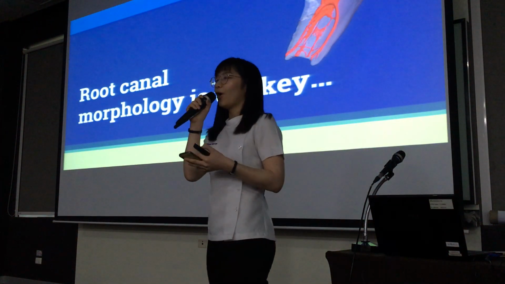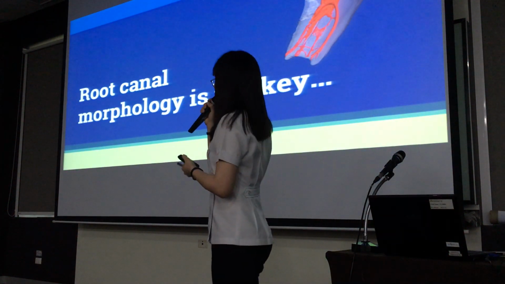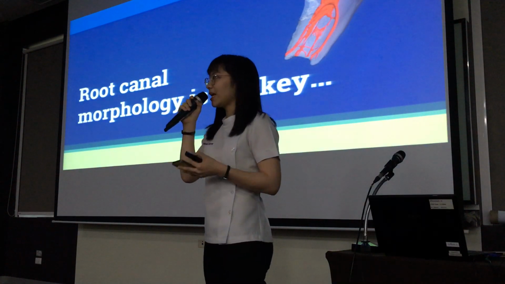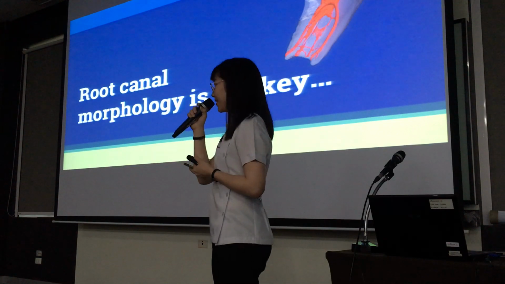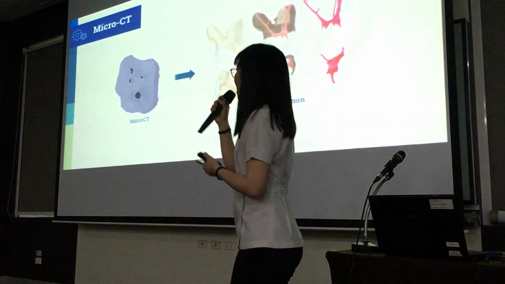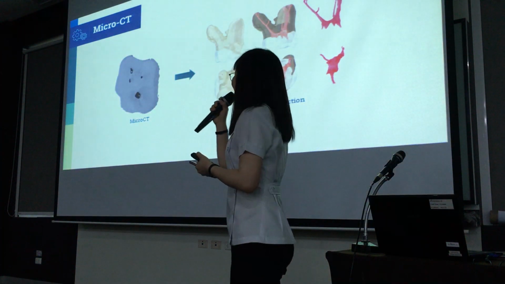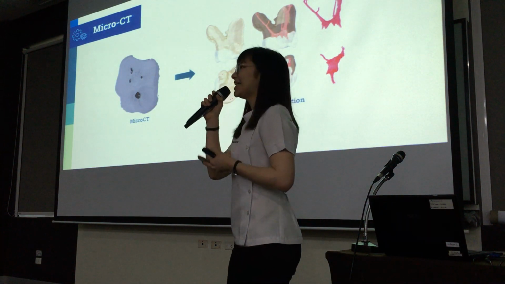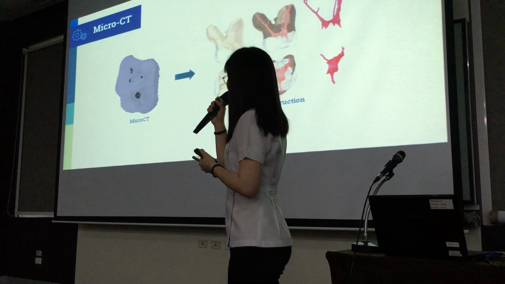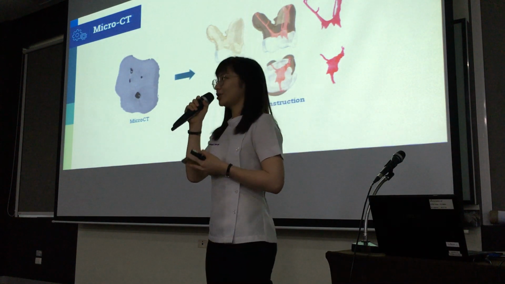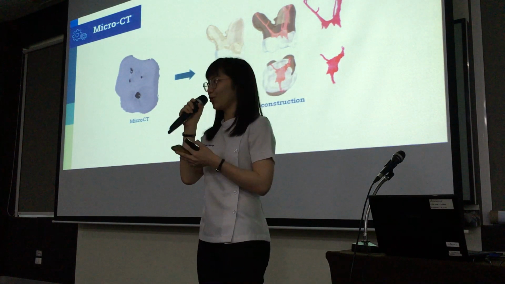So the study of root canal morphology is very important to increase the success rate of endodontic treatment. From previous studies, there have been only 2 studies of MB2 in Thai population, but none of them used micro-CT to investigate the root canal system.